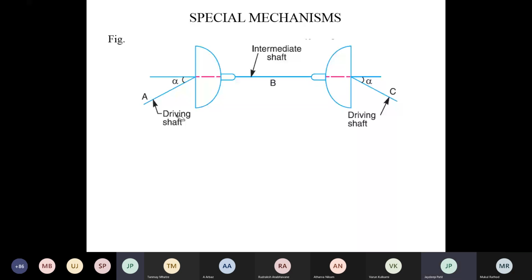Hello. Now here, what is this double hook joint? What is it here? Anyone? Now there are two hook joints.